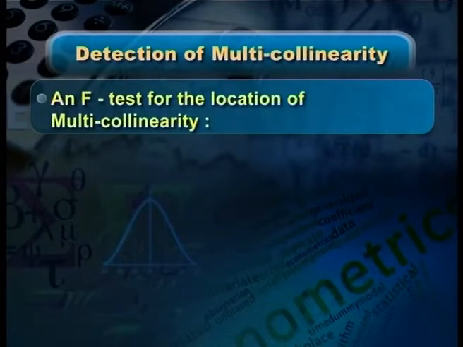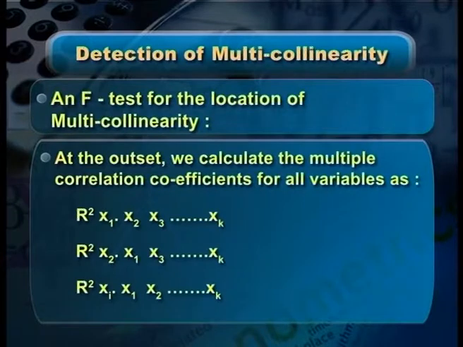Likewise, Farrar-Glauber also used an F-test for the location of multicollinearity. To conduct the F-test, we have to calculate the multiple correlation coefficients for all variables like x1, x2, x3 up to xk and so on and so forth.